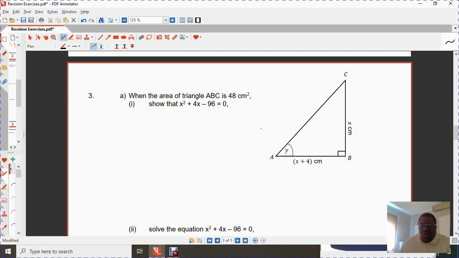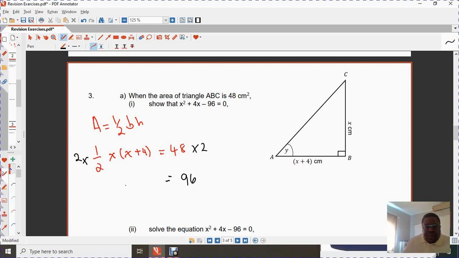So we know now from working on right angle triangles that the area for such triangles is just half base times height. I can decide any one to be the base. So I can have half times x times x plus 4, which should give me the 48. First of all, I would like to get rid of that fraction there, so that gives me 96, and I have got x and x plus 4.